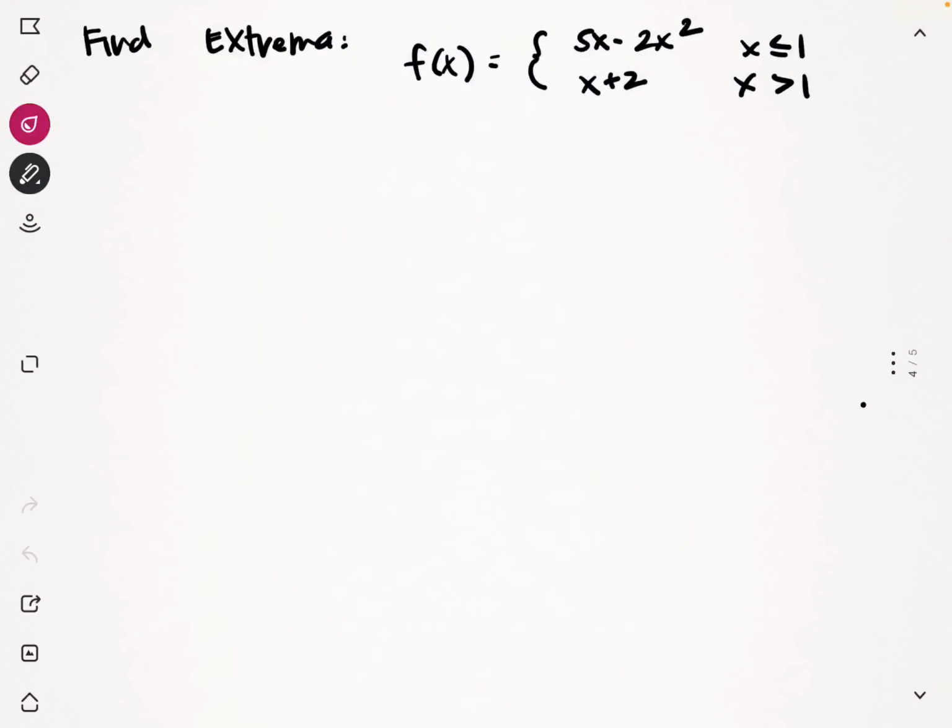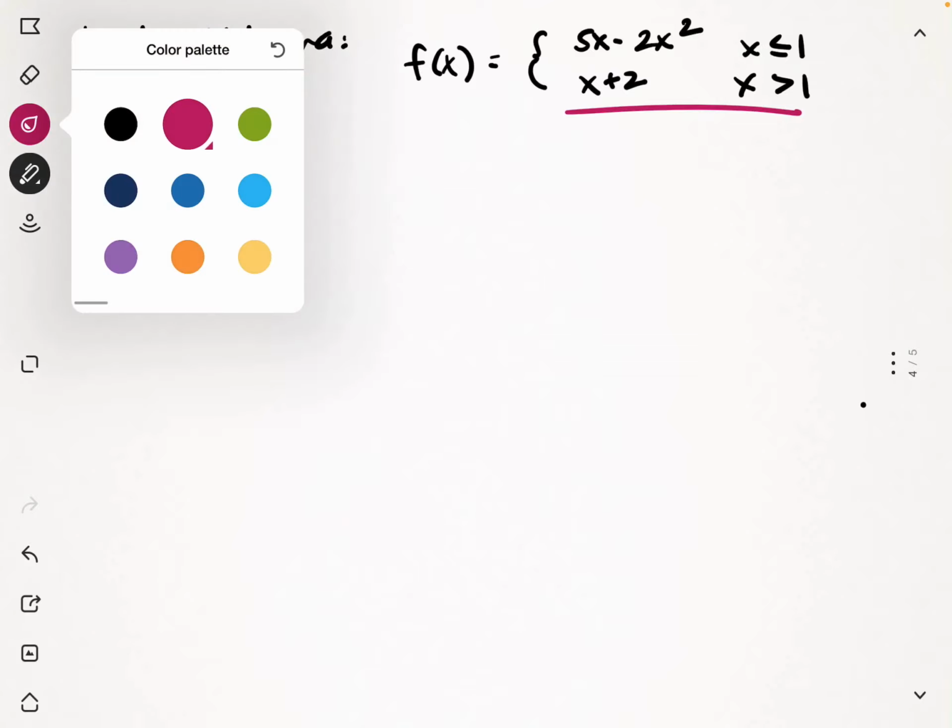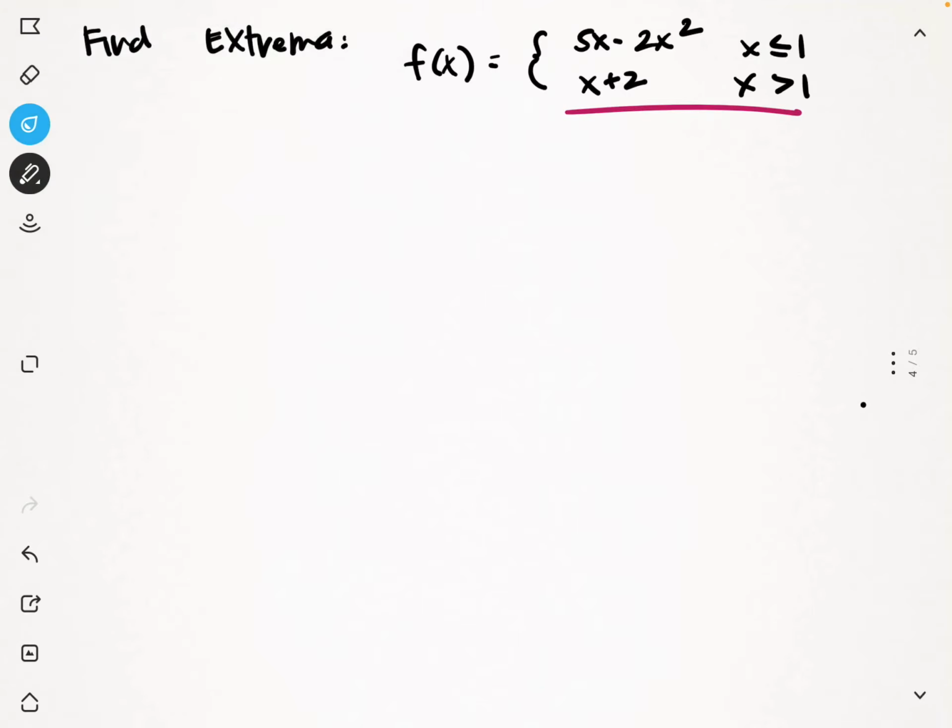Okay, and this one is a piecewise function, right? So they're defining f of x as 5x minus 2x squared when x is less than or equal to 1, and then x plus 2 when x is greater than 1. All right, so critical points.